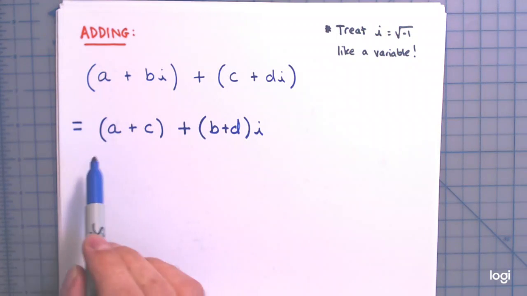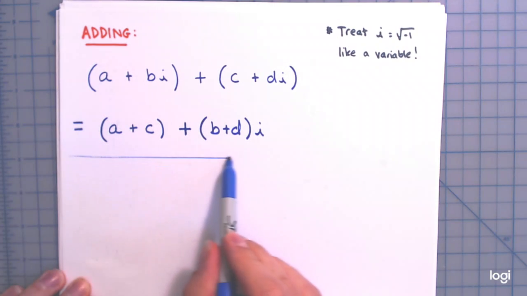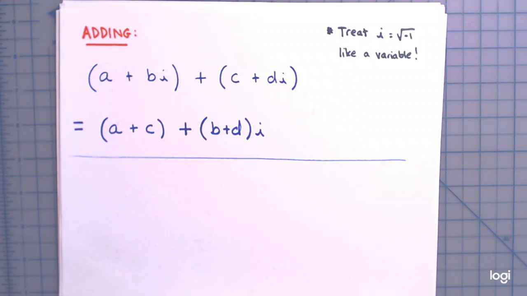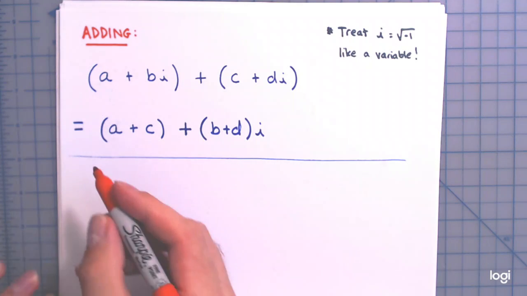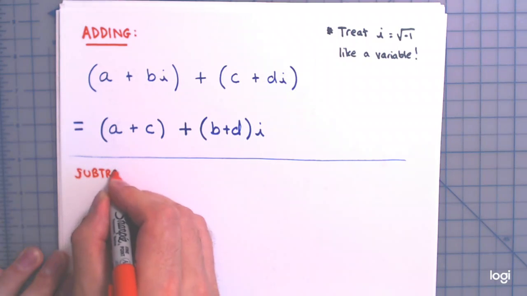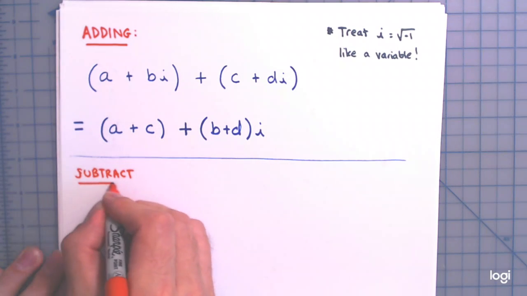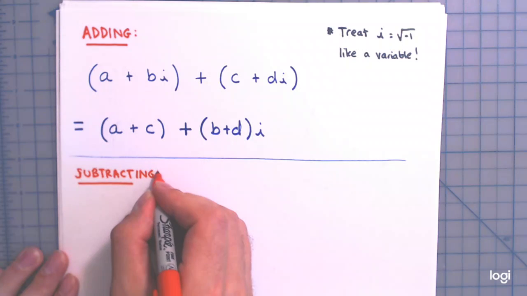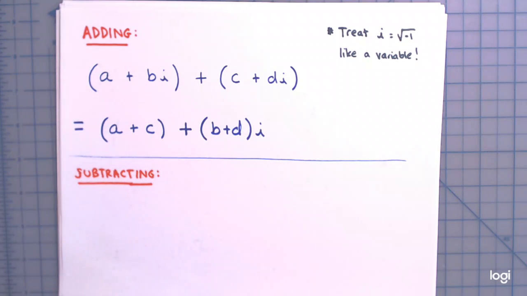All right, so there's addition, and the subtraction is really no different, right? Remember, because subtraction is just addition of the opposite. So when I subtract, how about this subtracting?